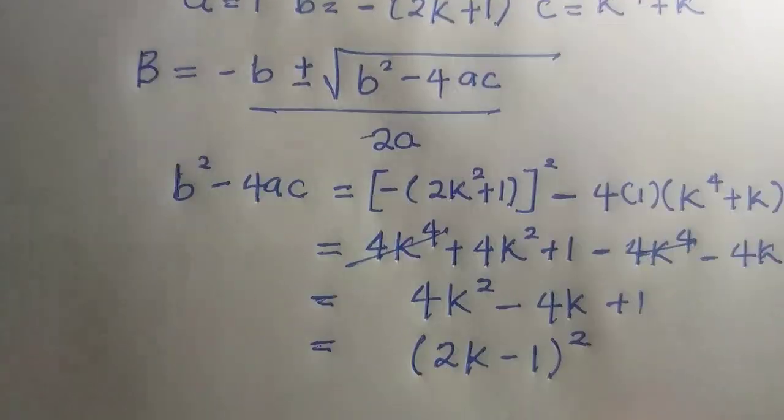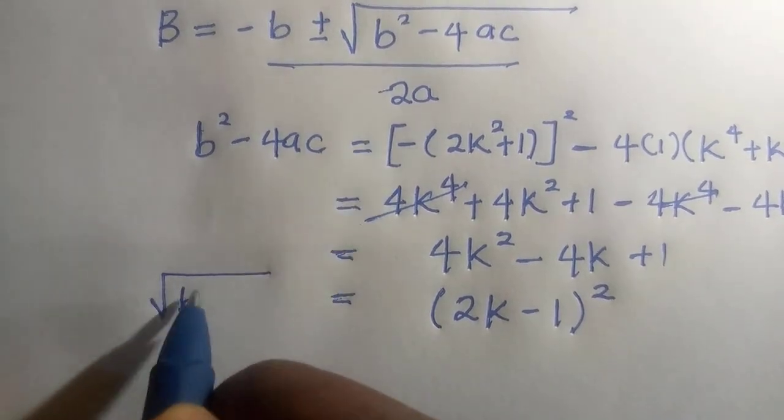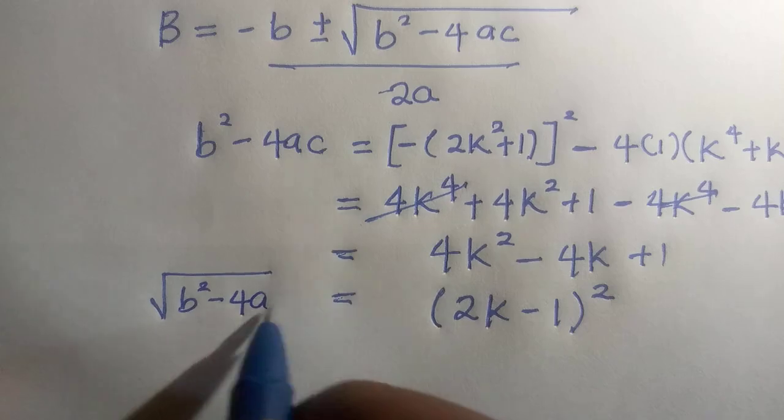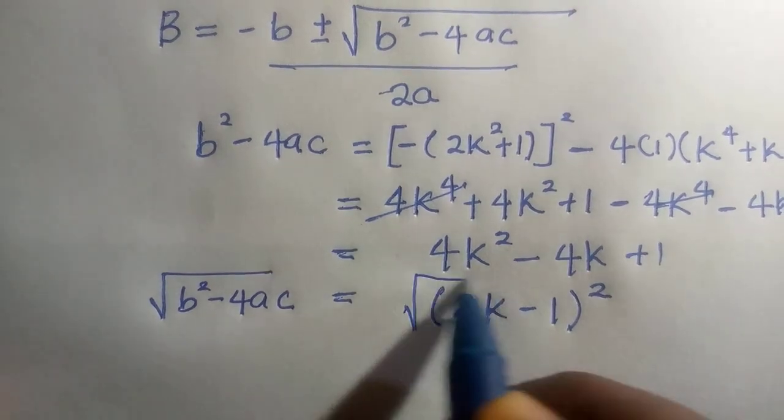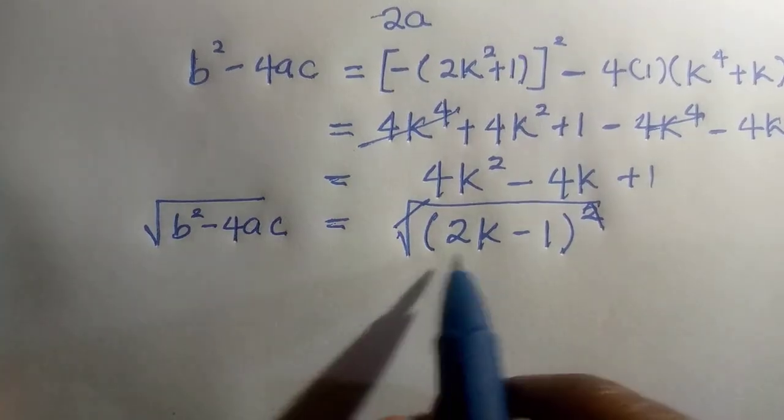And with this one, which is coming with the root, it means that the root of b squared minus 4ac also comes with this, and this and this cancel. When it cancels, we have only this.